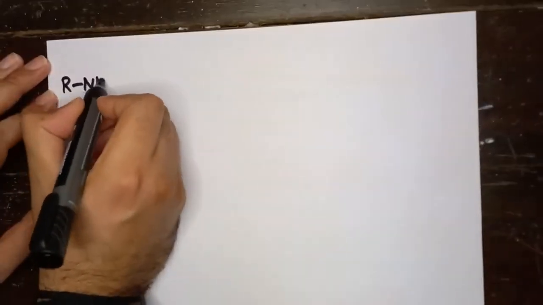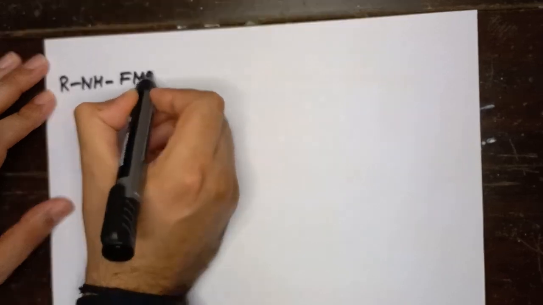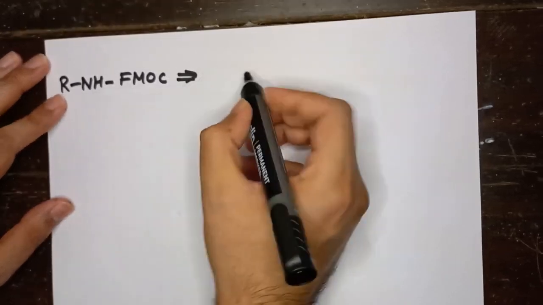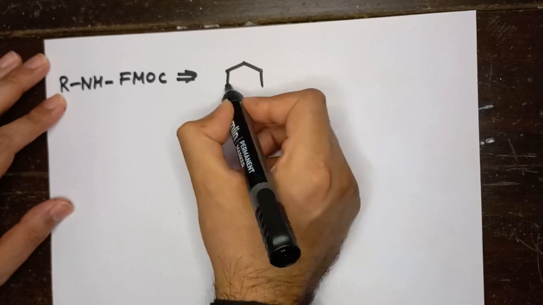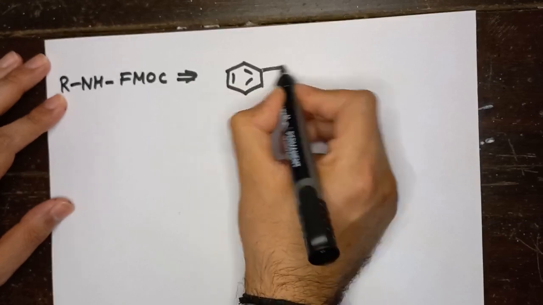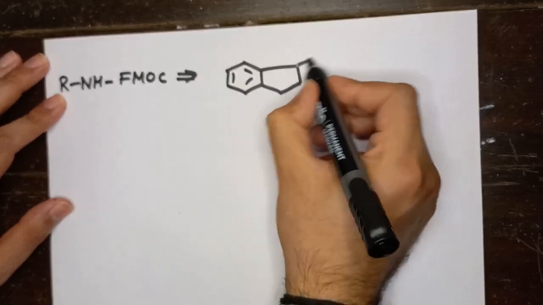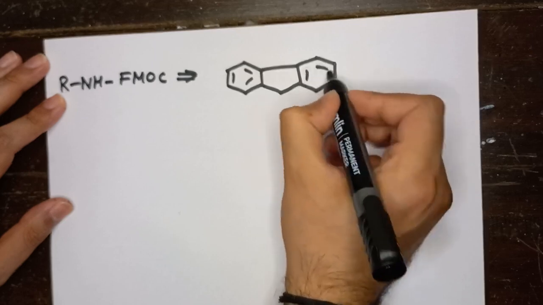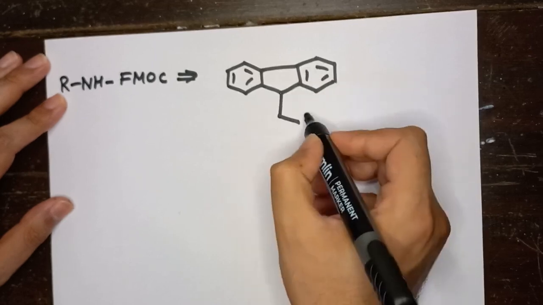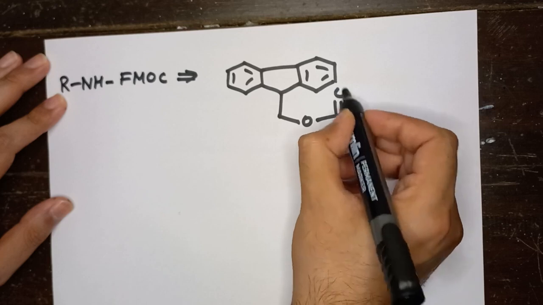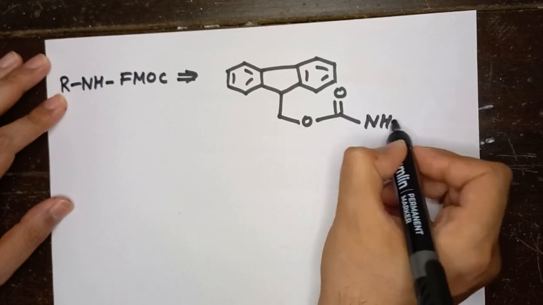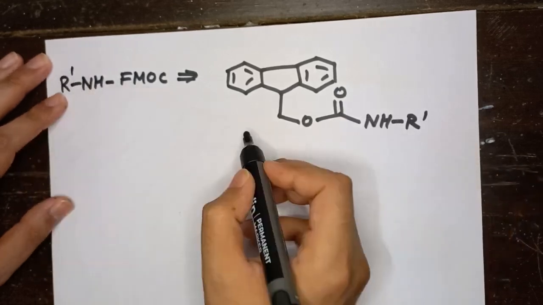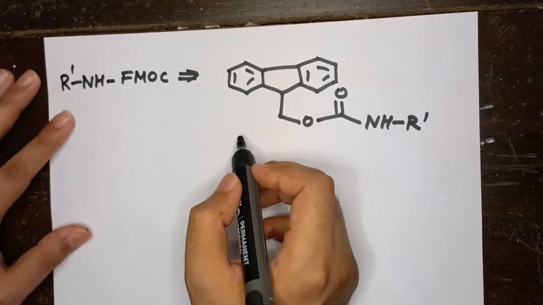So I'm writing my RNH FMOC. So this is my FMOC protected amine.